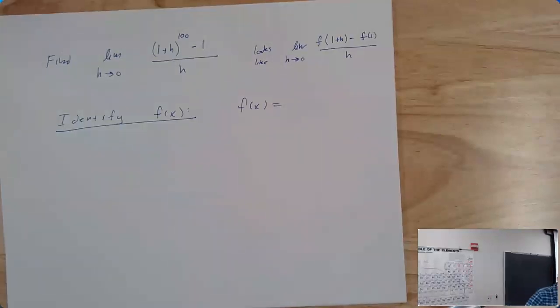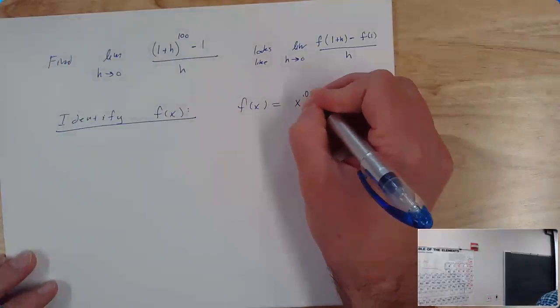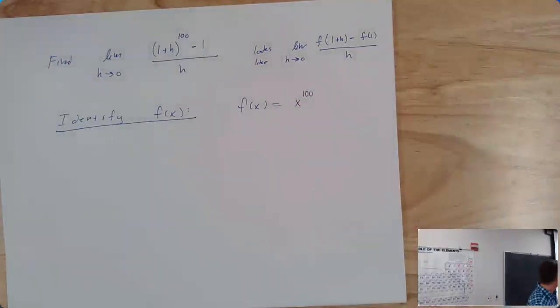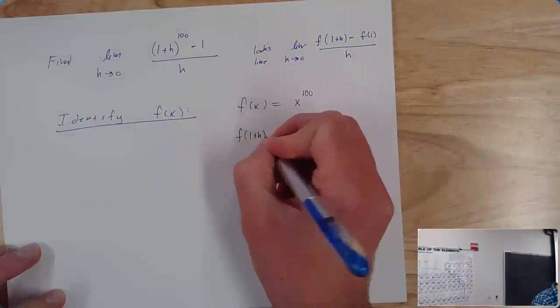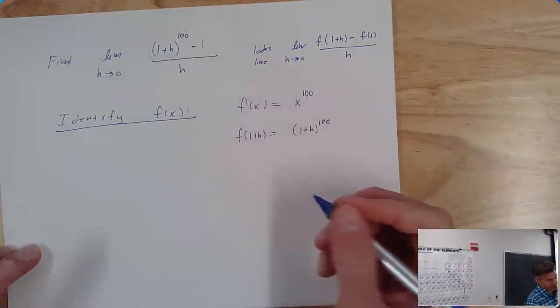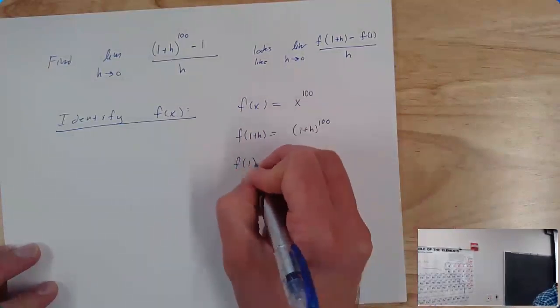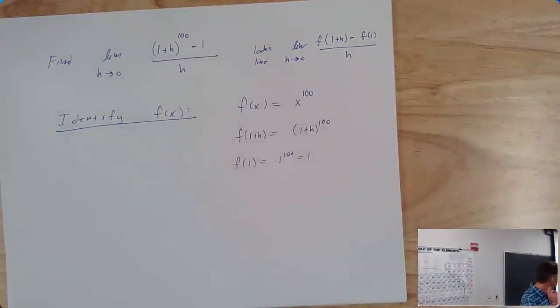All right, so hopefully everybody came up with something along the lines of my function is x to the 100th power. If I plug in 1 plus h to that, I can see that f of 1 plus h is certainly 1 plus h to the 100th power, and as importantly, f of 1 is just 1 to the 100th power, which is just 1. So it totally works.